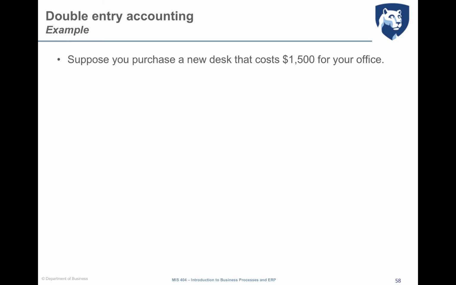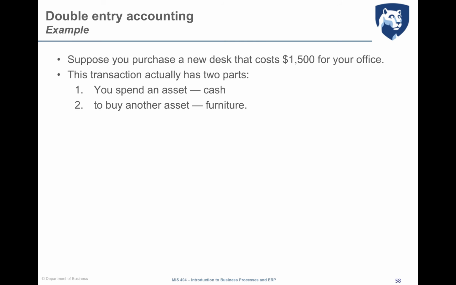So suppose that you purchase a new desk that costs 1,500 for your office. This transaction actually is divided into two parts. You spend cash, and you buy another asset, a new piece of furniture. So you must adjust two accounts in your company book.